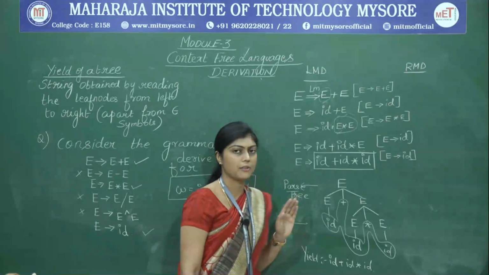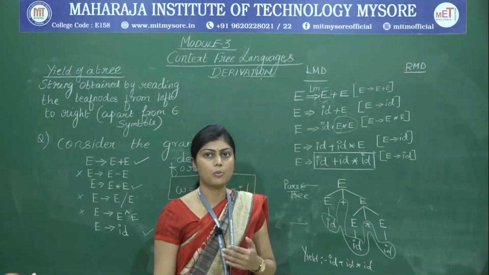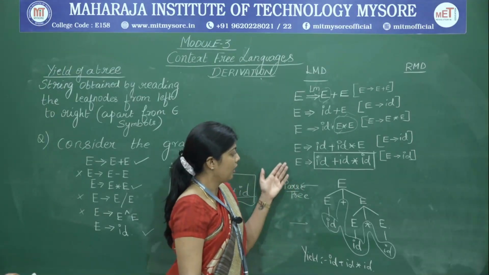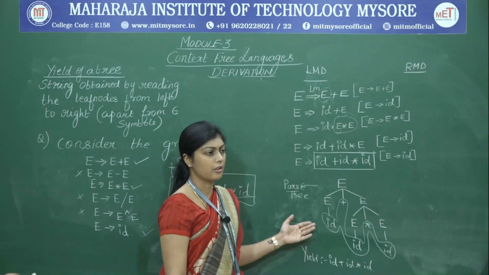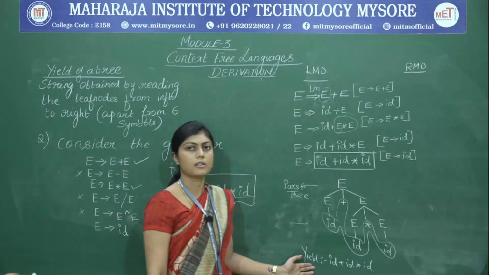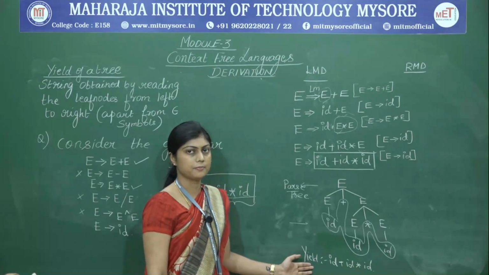So in this we have seen what is a leftmost derivation, and we have done the derivation and we have written the parse tree for the same, and we have also determined what is the yield of this tree.